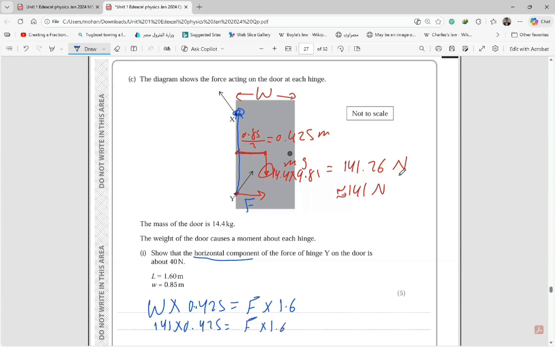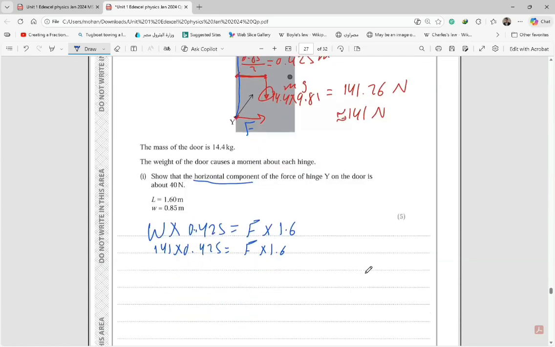From this, you can say that F equals 37.5, approximately 40 Newton. This is the force acting horizontally.